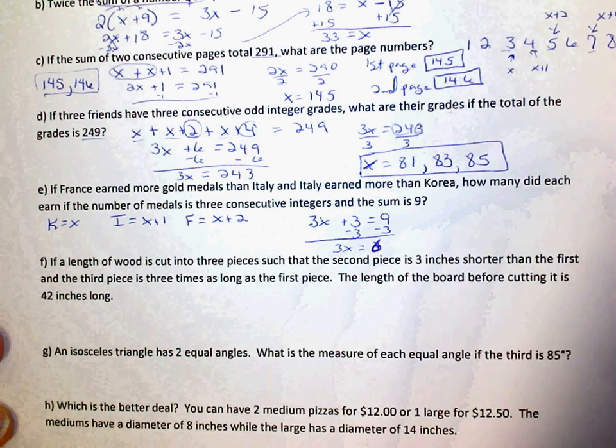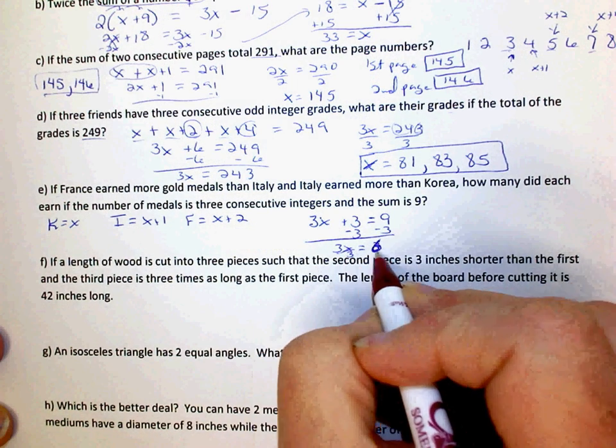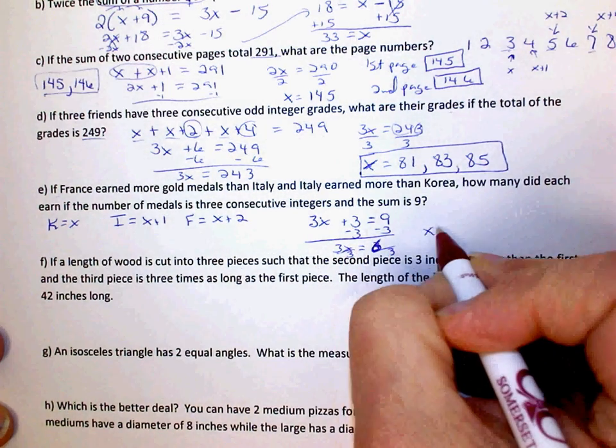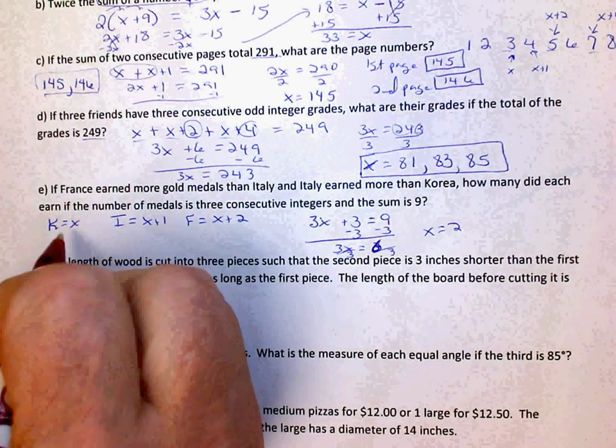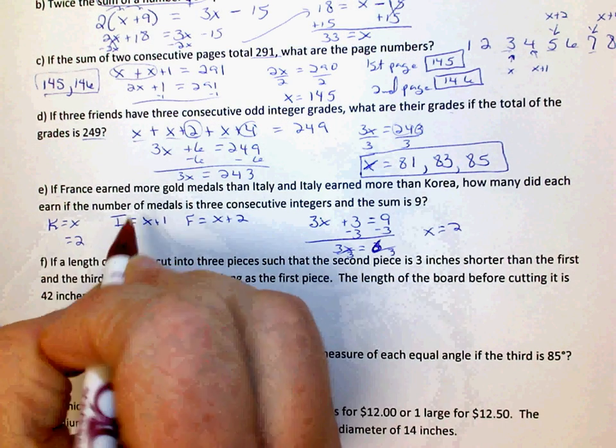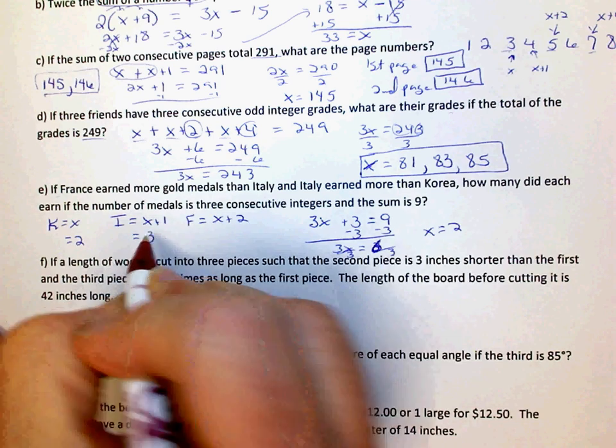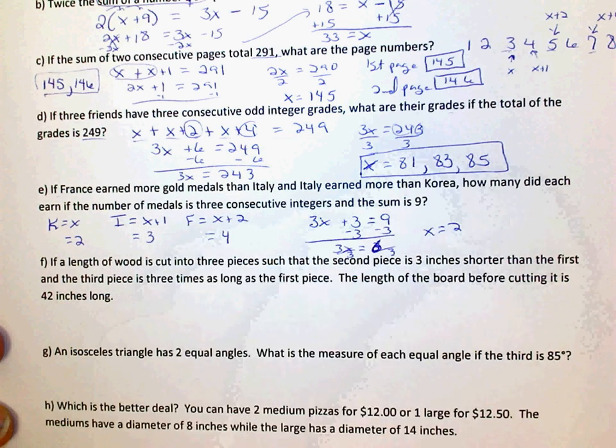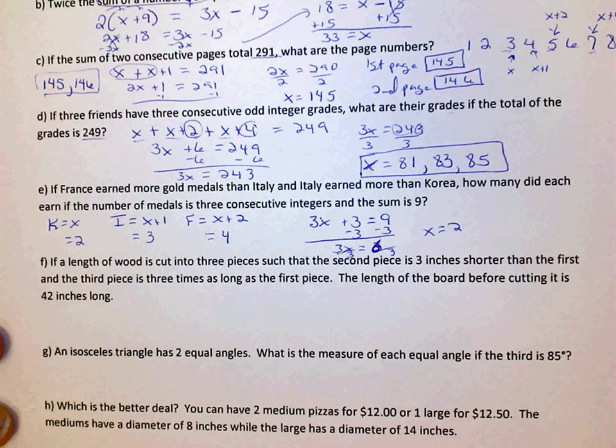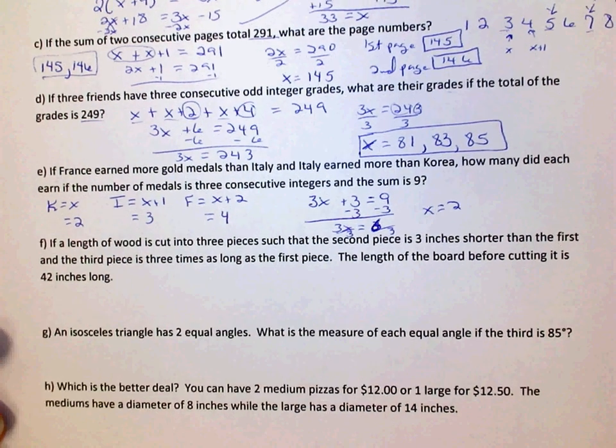Then when we divide by 3, x equals 2. So Korea got 2, Italy got 3, and France got 4.